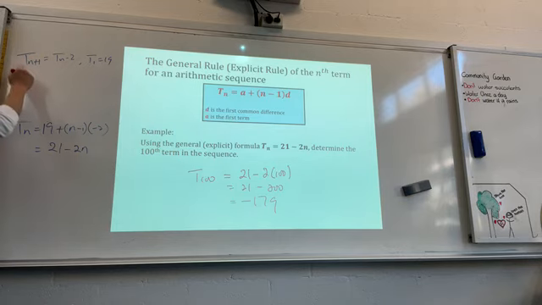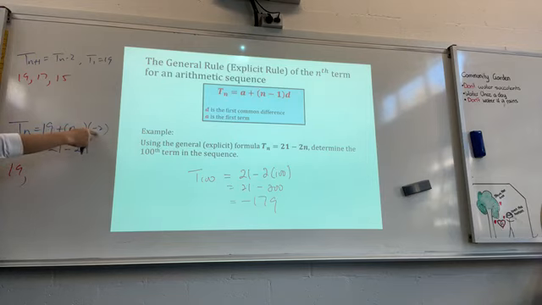With this, I know it's 19, 17, and 15. Correct? Using the explicit rule, if n is 1, 1 minus 1 is 0. Therefore, T1 is 19. N is 2, 2 minus 1 is 1. 1 times minus 2 is minus 2, so it's 17 and 15 and so on and so forth. Both rules will give you the same sequence.